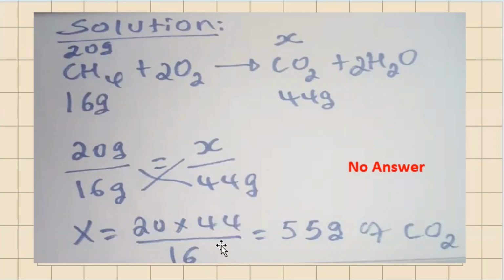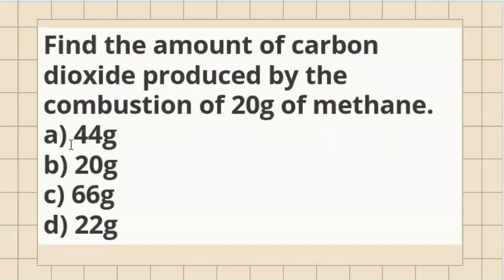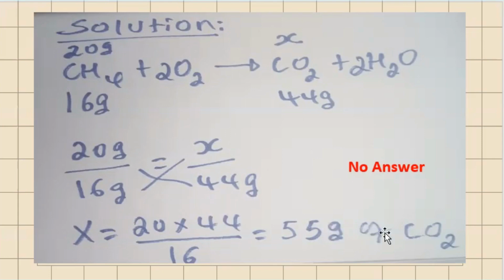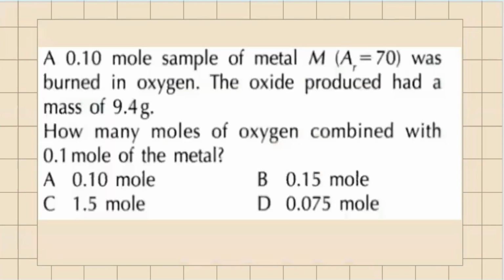Okay, 44 by 4 is 11. 11 times 5 is 55 gram of carbon dioxide will be produced. There is no answer in the given alternatives. Okay, the alternatives: A 44 gram, B 20 gram, C 66 gram, D 22 gram. But the answer is 55 gram. There is no answer in the given alternatives.